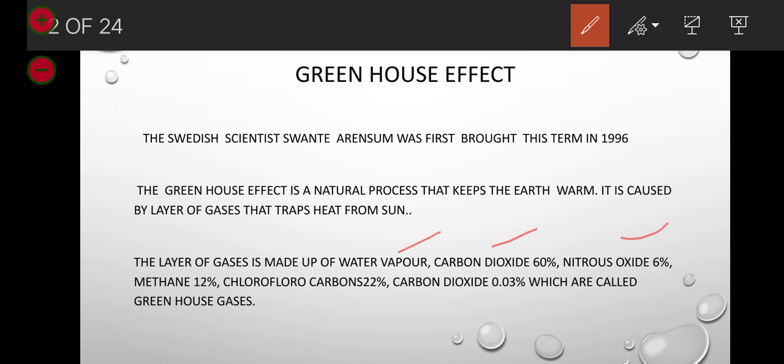Carbon dioxide appears twice in the list with different values, so one of them should not be there. These are called greenhouse gases. These all together are greenhouse gases, very important gases to keep the earth warm.